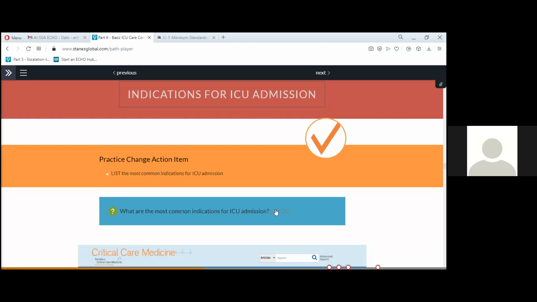You can type your responses in the chat box so that we can go through them once again. Okay, we're still waiting for responses. I think some have started coming in.